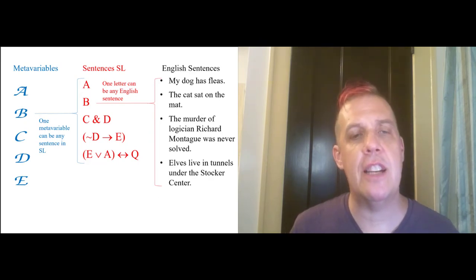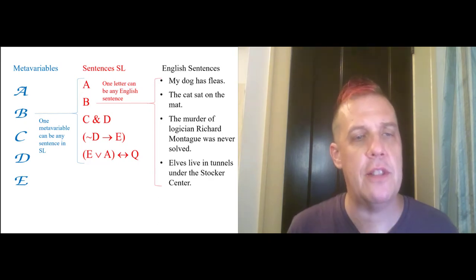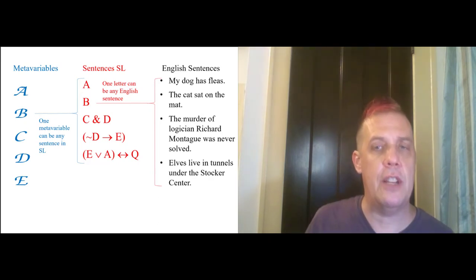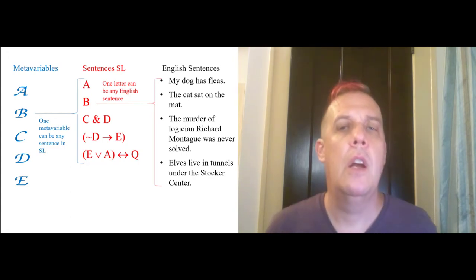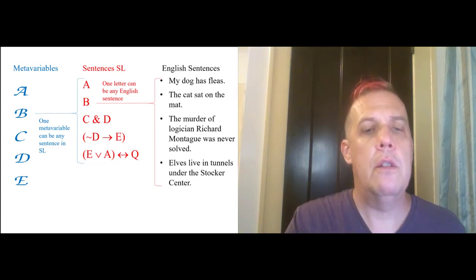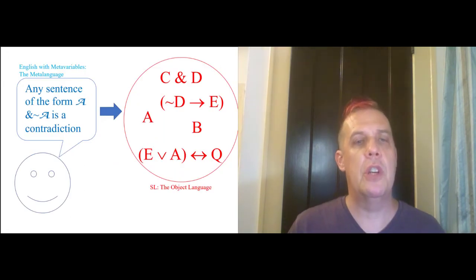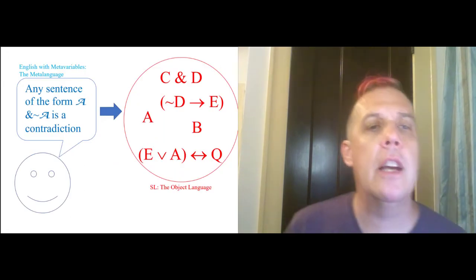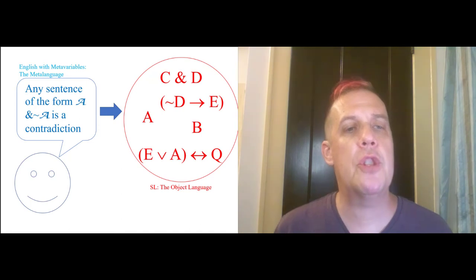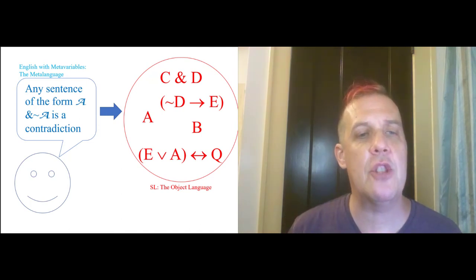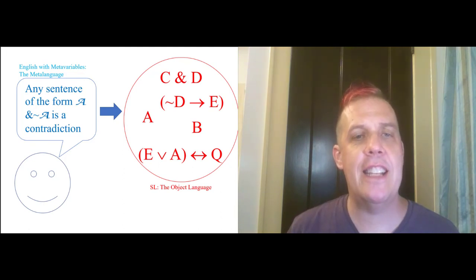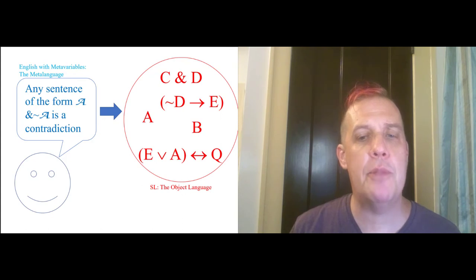It could be any sentence, not just an individual sentence letter. It could stand for much longer sentences. The fact that we've got meta variables in the meta-language allows us to say things like any sentence of the form script A and not script A is a contradiction. So that's something that we're saying in our meta-language, and it is about our object language, which is SL in red.